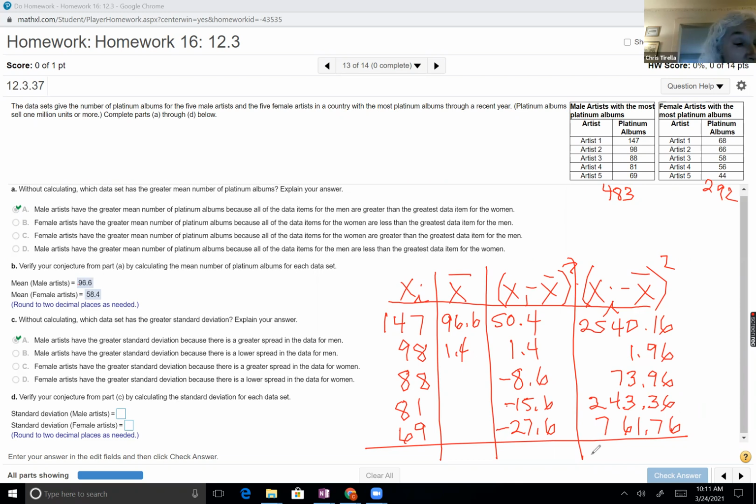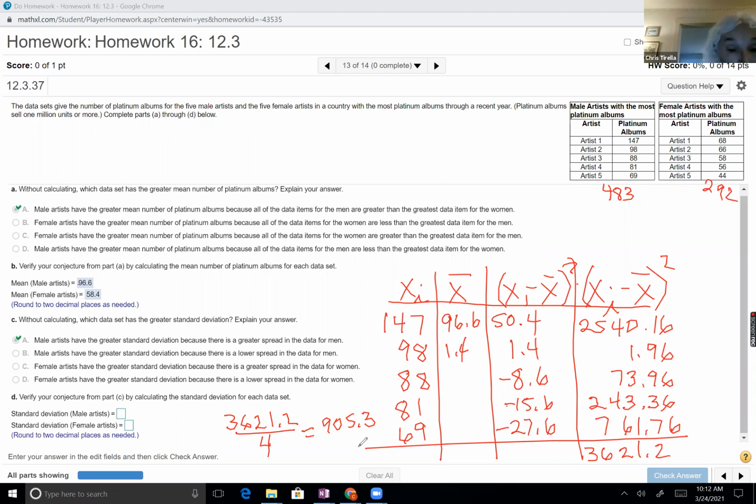And so that adds to 3621.2. Now what you have to remember is we're going to take that number, and for the mean we divide it by 5, so this number we're going to divide by 4, which gives me 905.3. And then for the standard deviation, I'm going to take the square root of that.